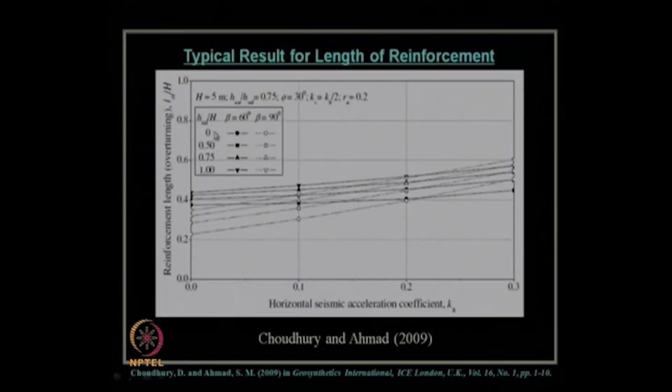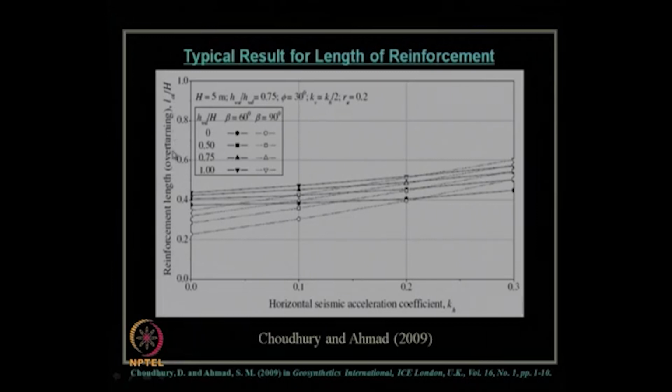And the results, here again, design charts have been proposed to calculate how much reinforcement length is required in non-dimensional form. The design charts are provided so that designers or practitioners can use them very effectively and easily. For different values of input seismic acceleration, they show how much value needs to be provided for the overturning mode of failure.